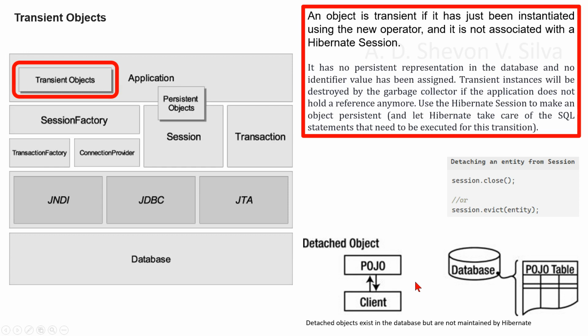A detached instance can be associated with a new Hibernate session when your application calls one of the load method, refresh method, merge method, update method, or save methods on the new session with a reference to the detached object. After the method is called, the detached entity would be a persistent entity managed by a new Hibernate session.